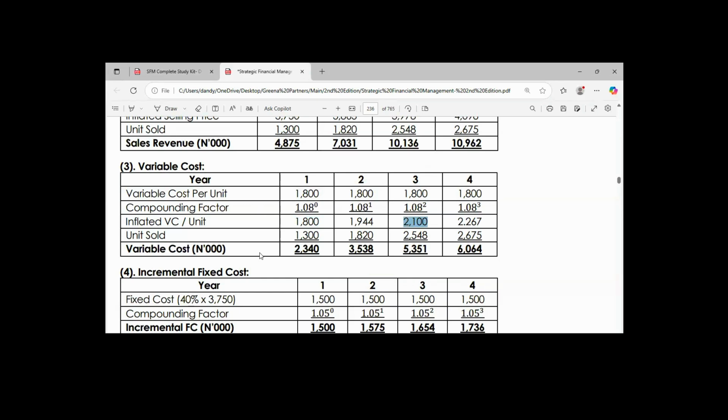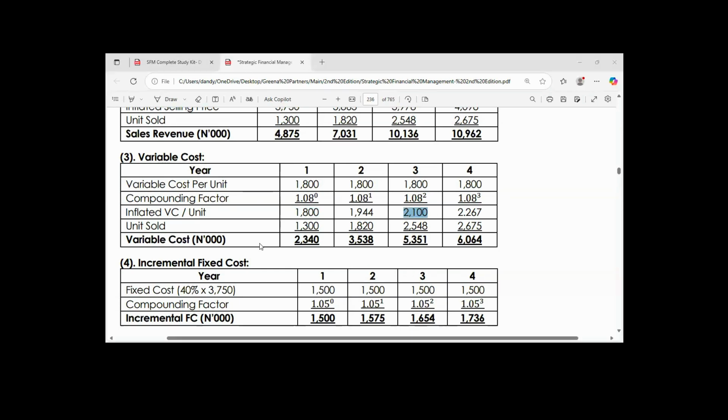Then for the fourth year, what you have in your calculator multiplied by 1.08. That's 2267. The next thing we need to do is to get the total variable cost.